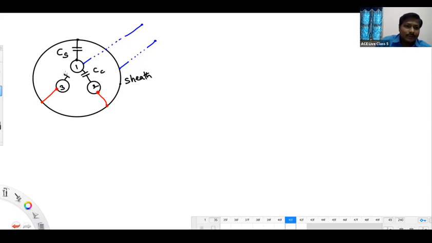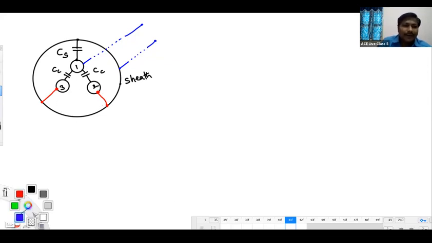And 1 to 3 also we have, that is CC. 2 to 3, do we have? No, because both cores are connected by the sheath.